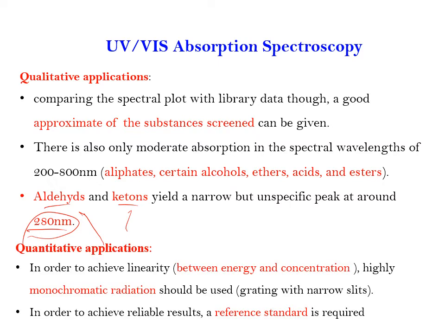It can also be used for quantitative application. In order to achieve linearity between energy and concentration, highly monochromatic radiation should be used, which is obtained from a grating with a narrow slit. So if you apply specific wavelengths of light, let's say for example 400 nanometer light, this light has a specific energy which is equivalent to h times the frequency.